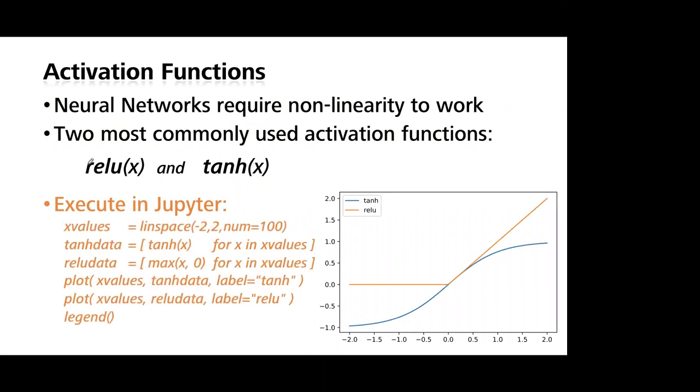ReLU is a name for basically a maximum of a value that is specified and zero. So you can see here, it crops everything that is below 0, and it is just a straight line in the positive part. And tanh is a function that slowly curves towards 1.